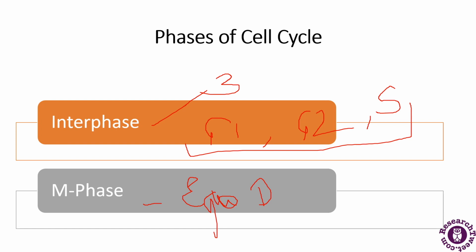So in M phase, the number of chromosomes will be the same as that of the parent cell. There will be no change in the number of chromosomes, unlike the meiosis phase, that is the reductional division, in which the number of chromosomes is reduced to half. But in case of mitotic division, it is an equational division where the number of chromosomes remains the same.